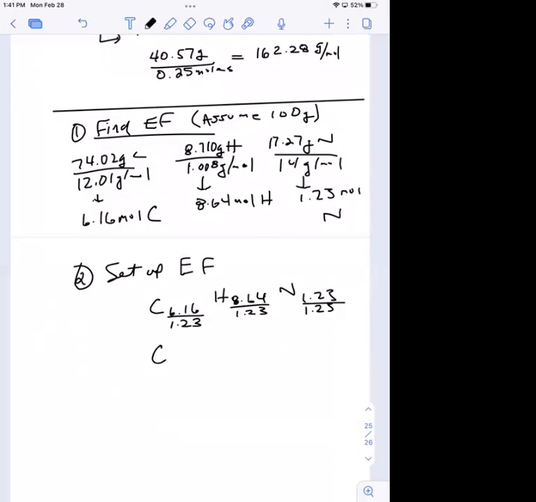C what? Is it 5? Okay, C5. H what? That's 7.02. Just leave that at 7. And then N is assumed to be 1 if there's nothing there. So it's N1, right?